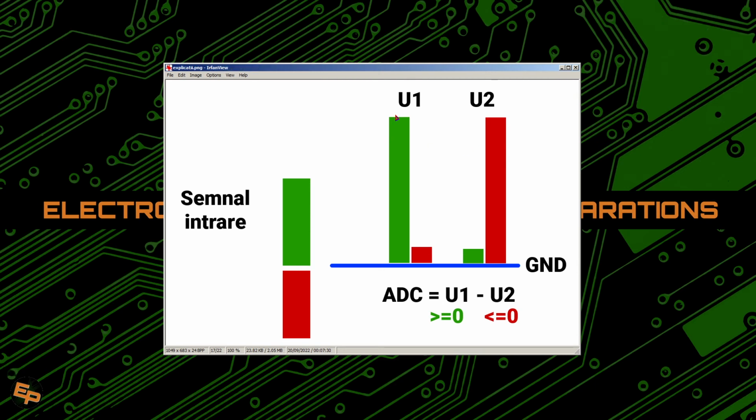We have a positive voltage on U1 and a very close to 0 volts but still positive voltage on U2. On the other hand, when the input signal flips polarity and we have this one with red, then the whole thing also flips. We have voltage U1 close to 0 and voltage U2 at a certain value, so that their difference is equal to the input signal. And the ADC will constantly calculate U1 minus U2.